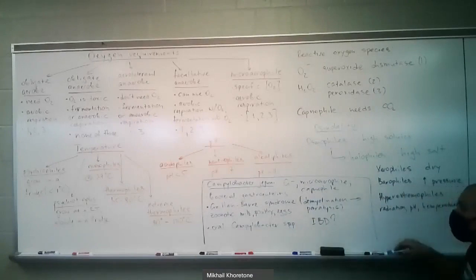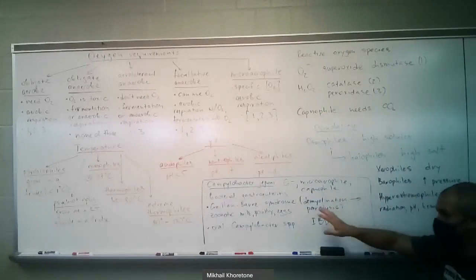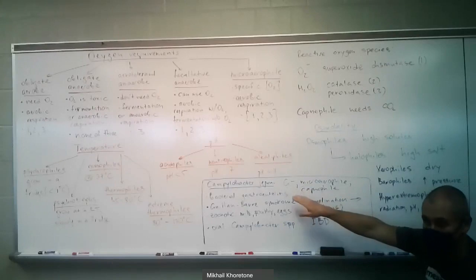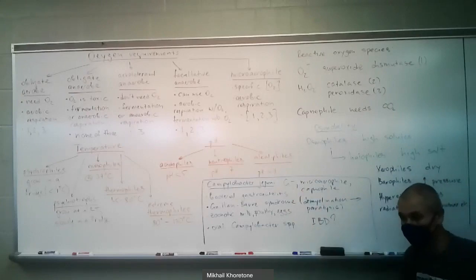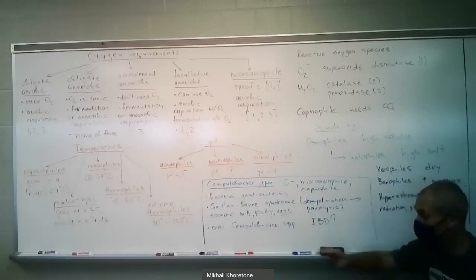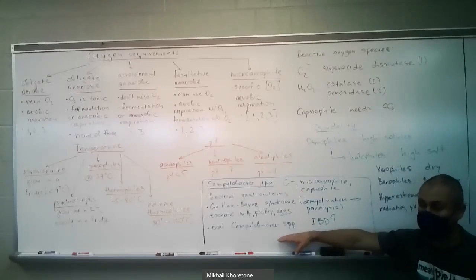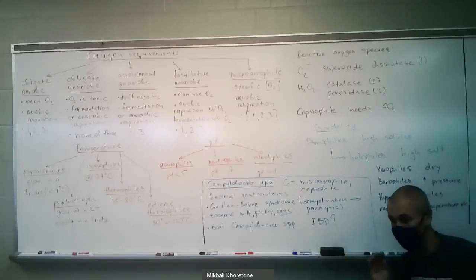Now, there was some confusion about this. Let me explain. Campylobacter jejuni is a pathogen. Am I clear? If you drink milk contaminated with Campylobacter jejuni, you have a good chance to develop bacterial gastroenteritis. Am I clear? You do have some Campylobacter species in your mouth.